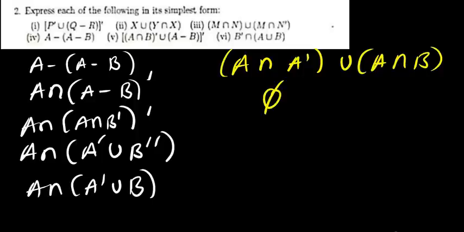You have set A, and there is nothing in common between set A and A complement, because with A complement you're removing what is in A. So A intersection A complement is the empty set, then union A intersected with B. With the empty set you don't have anything, so when you union it with A intersection B, you end up having just A intersection B.